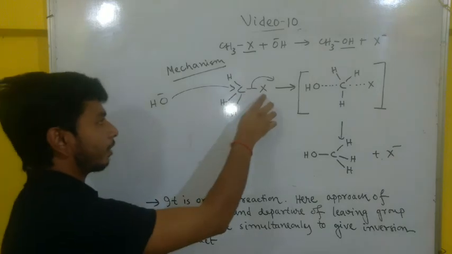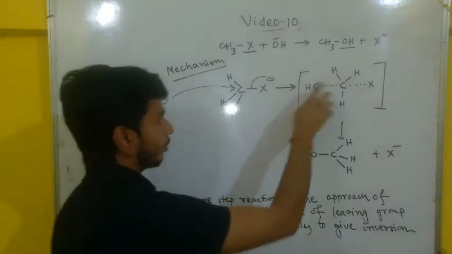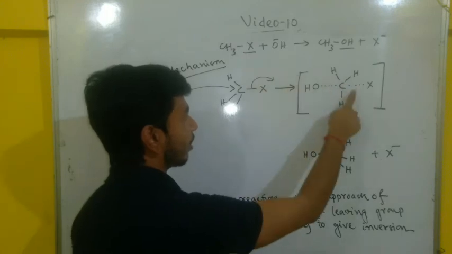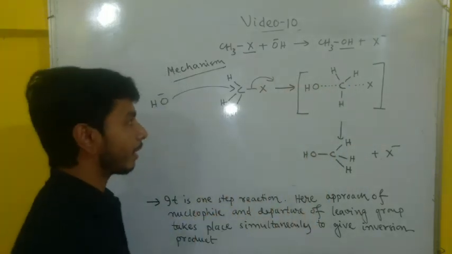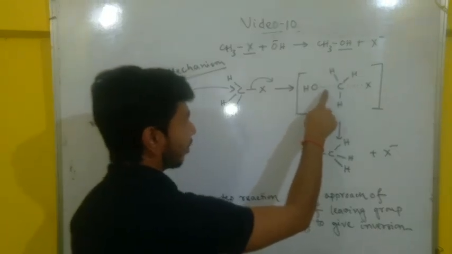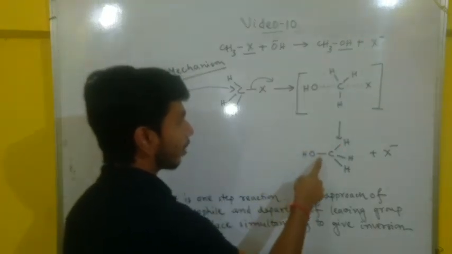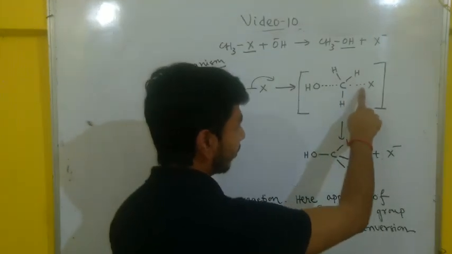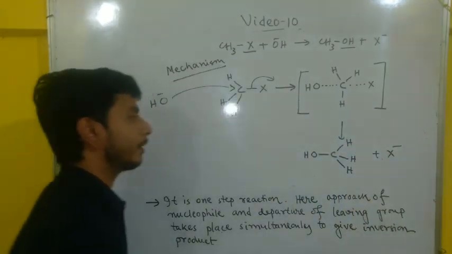And here the carbon halogen bond is starting to break. Now this partial bond is completely formed, and here the bond is starting to break. Now it is completely broken, and the leaving group is leaving.